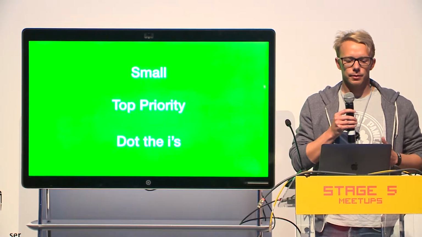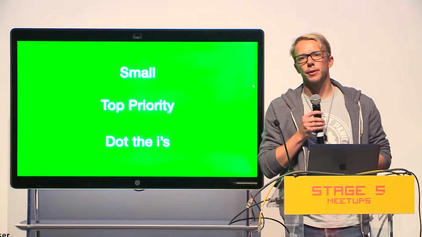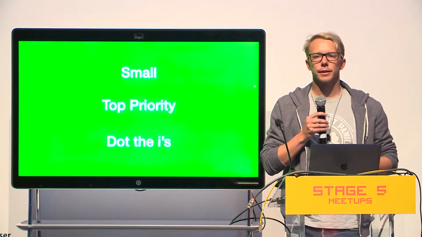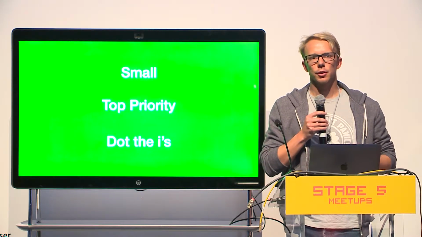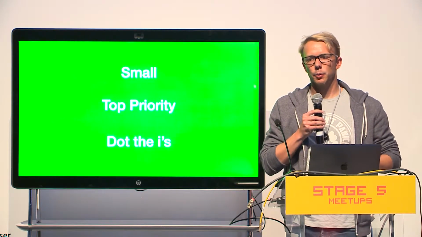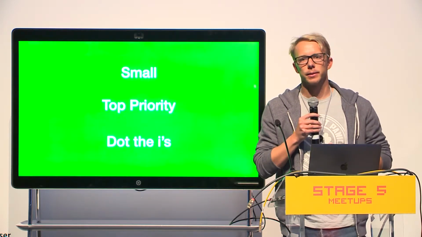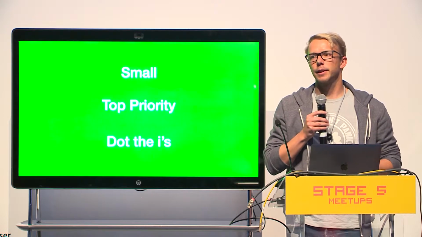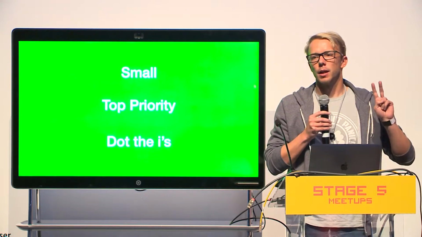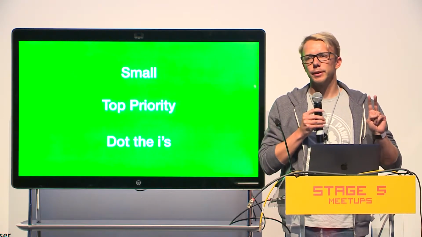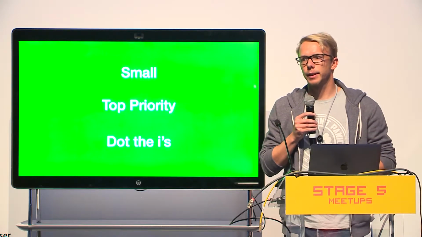And then the next thing, you should always make your pull request reviews the top priority. So we developers, we really like to be in flow, and we really hate it when our flow breaks. I say that there are only 2 reasons that are important enough for us to break that flow.